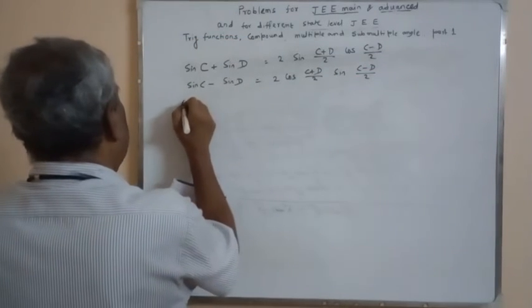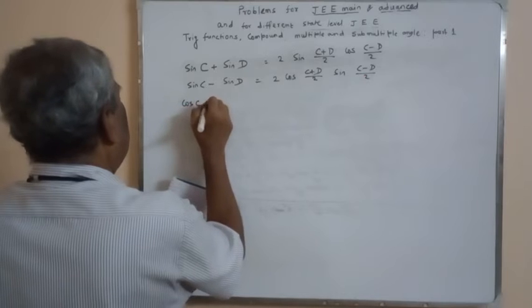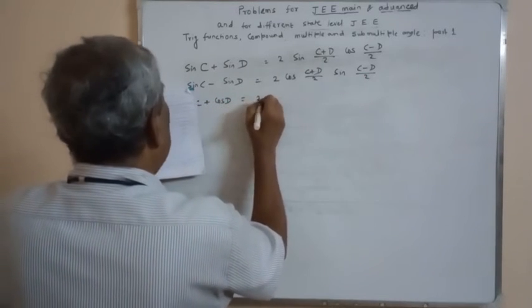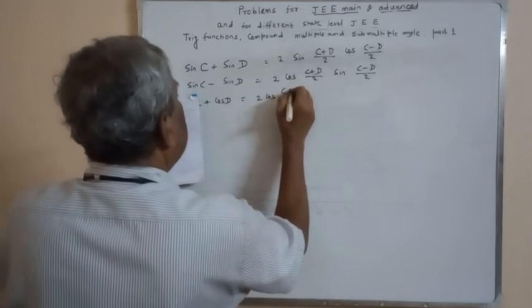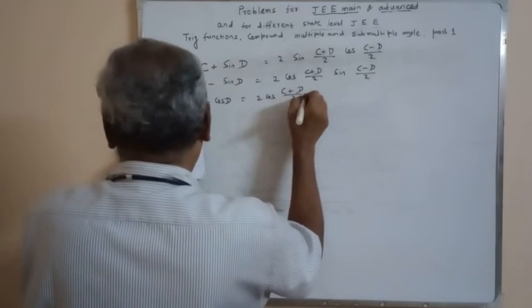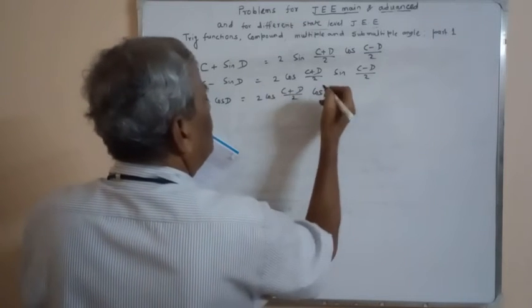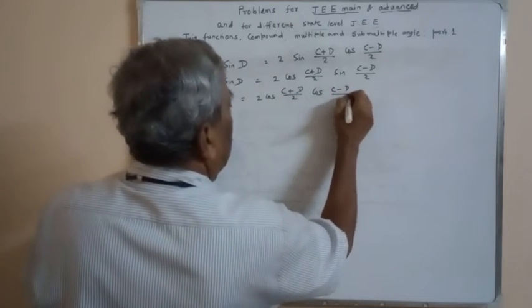Cos C plus cos D is 2 cos of (C plus D) by 2 into cos of (C minus D) by 2.